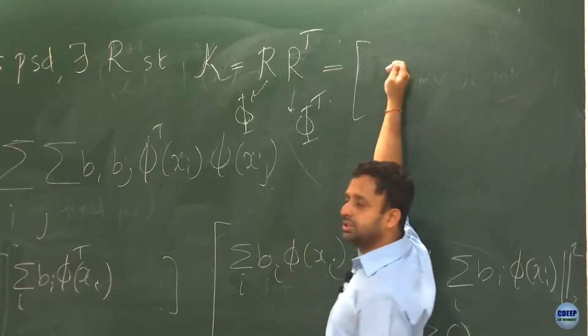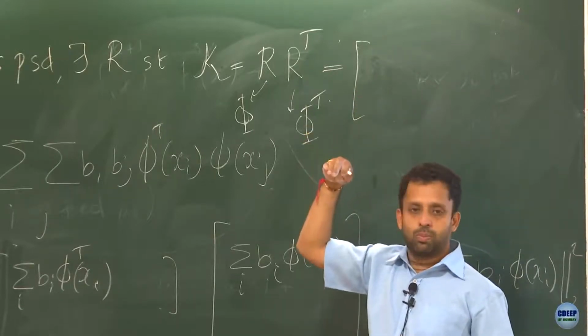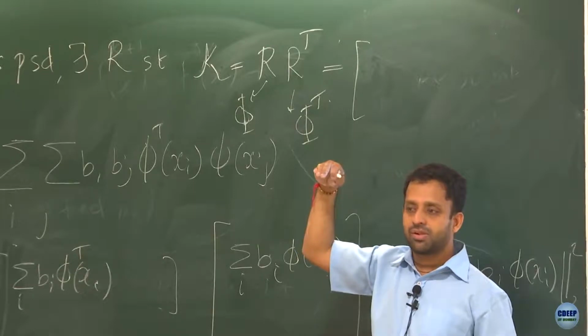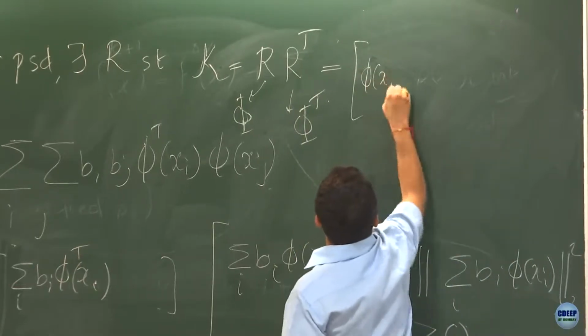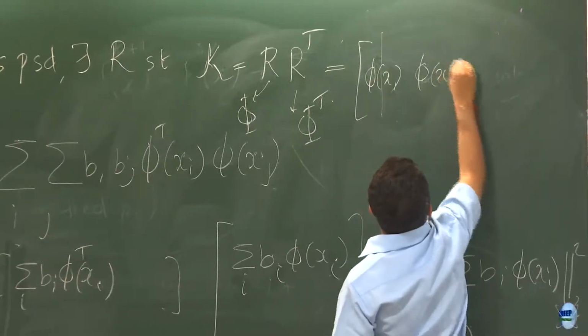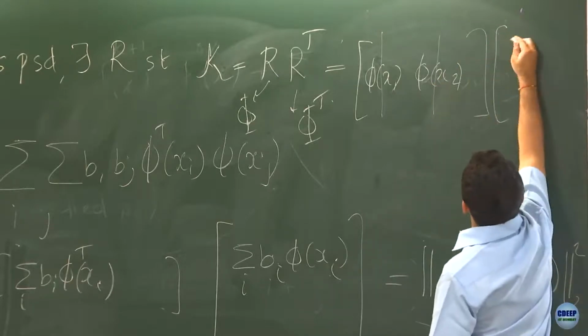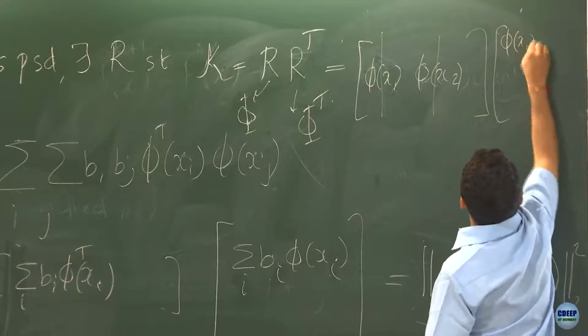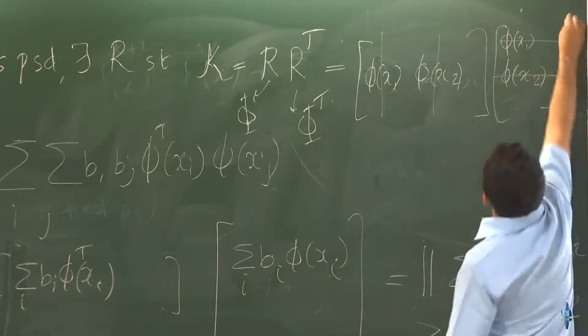Each row would correspond to one example. You'll have phi of x_1, phi of x_2 and so on, and R R transpose will have phi of x_1, phi of x_2 and so on.